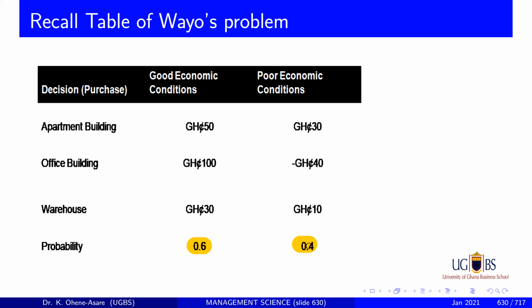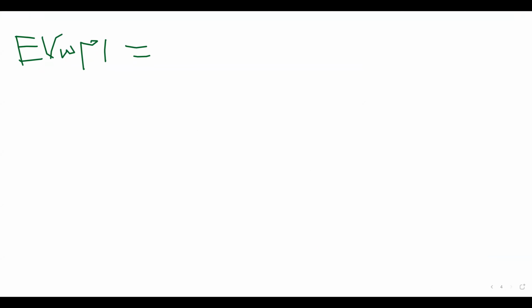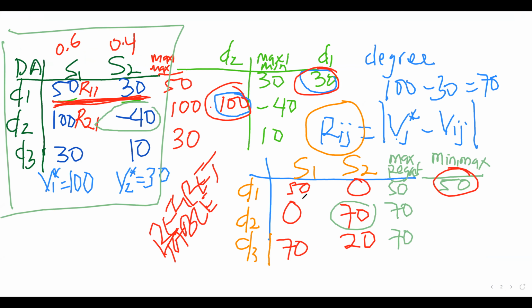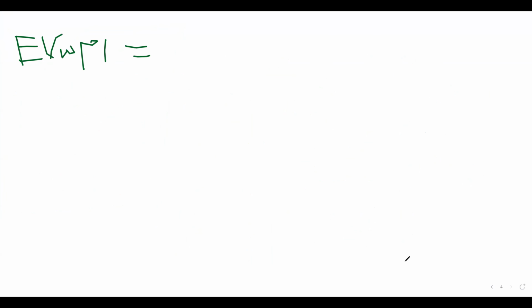In case you've forgotten the regret table, let me just take you back to it, because the next thing we are going to look at is this regret table, and it was 50, 0, 0, 70, 70, 20. But let me rewrite that regret table here, because you're going to use it.